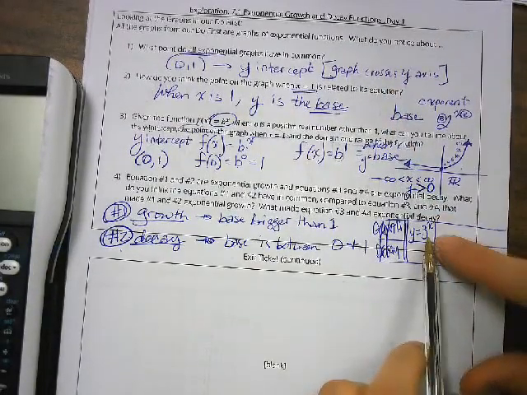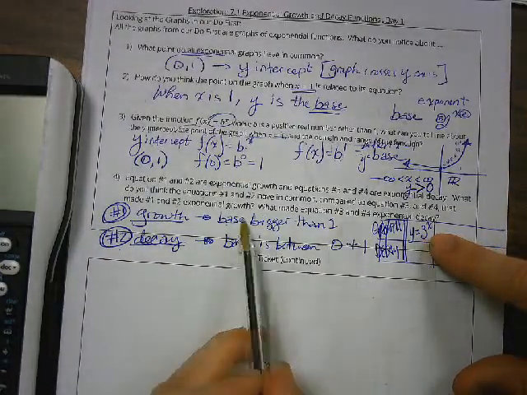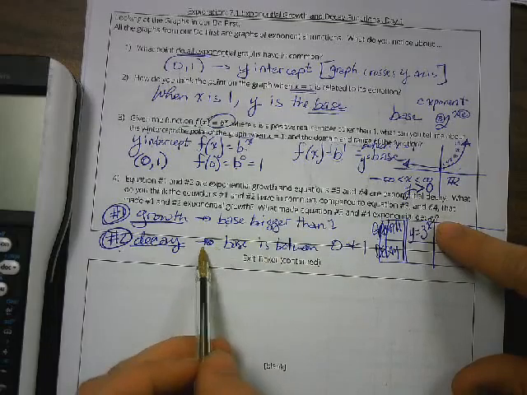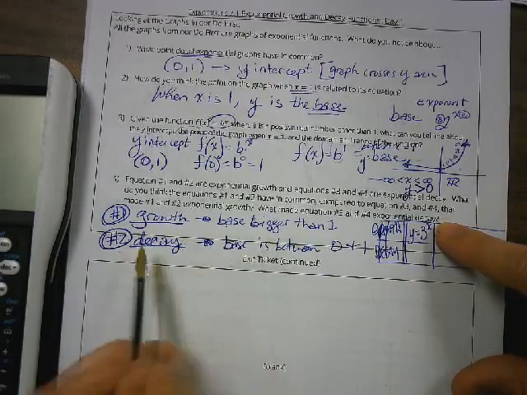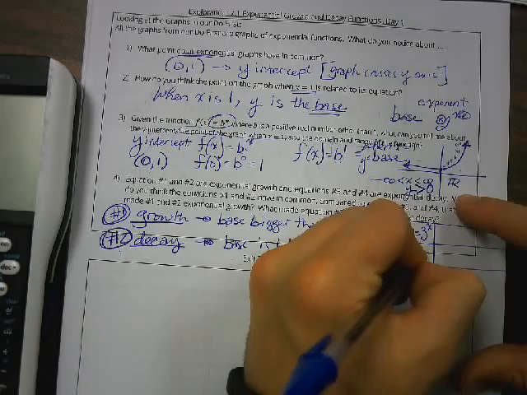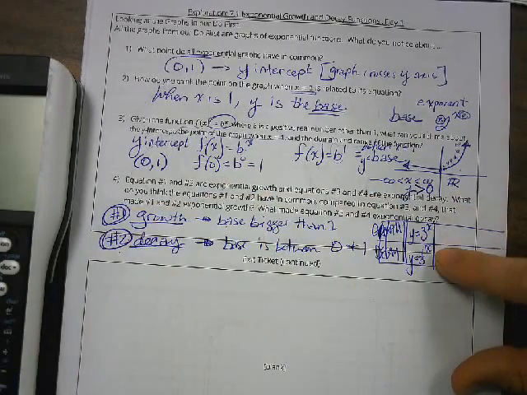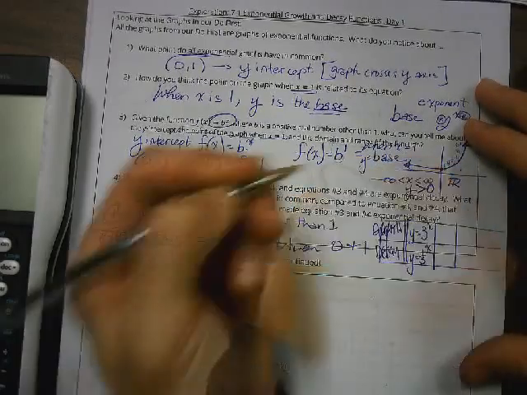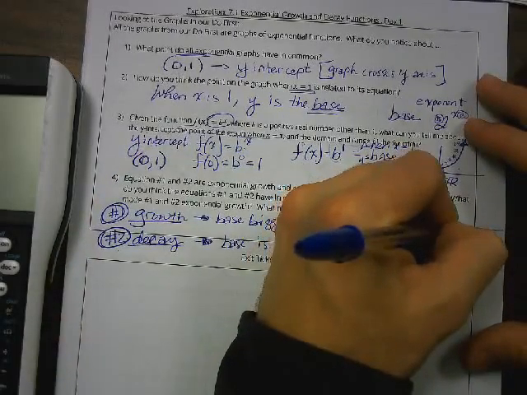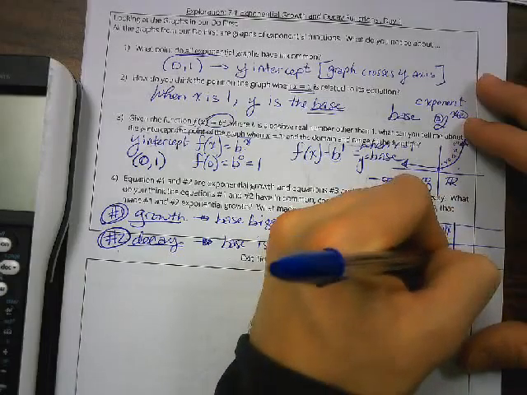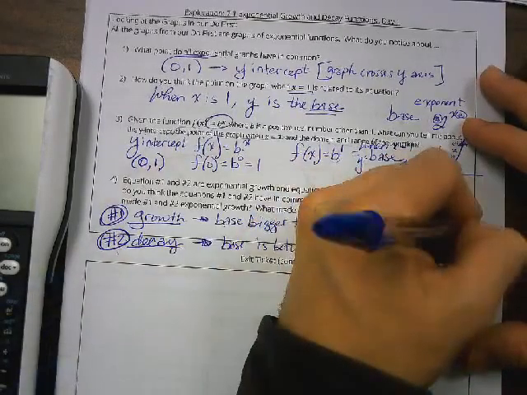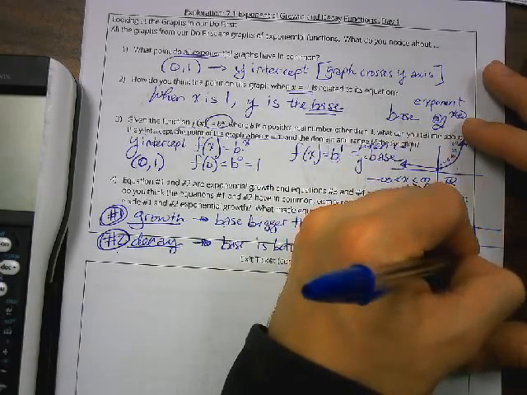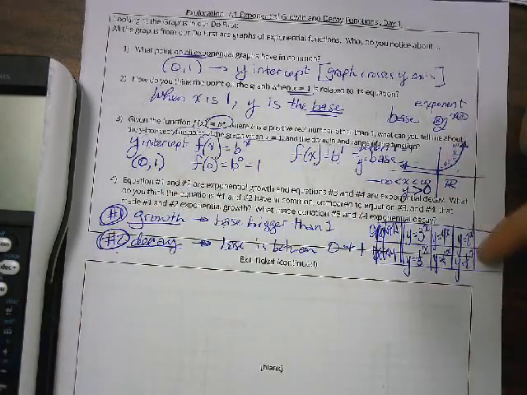If I wanted to do a decay form, I could do y equals 1/3 raised to the x. So think about some of the other examples that will fit in here. Maybe you chose 4 to the x and y equals 1/4 to the x. Maybe you chose 2 and you put y equals 2 to the x, y equals 1/2 to the x. Just remember that you know the difference between growth and decay by whether the base is a number bigger than 1 or between 0 and 1.